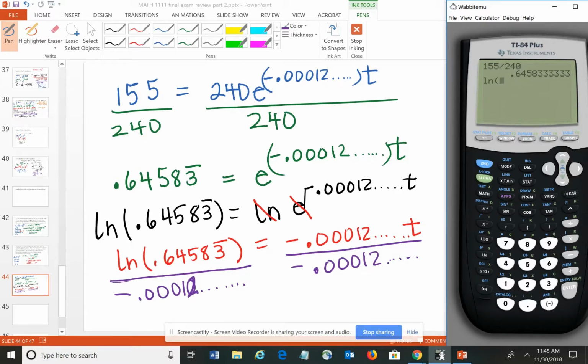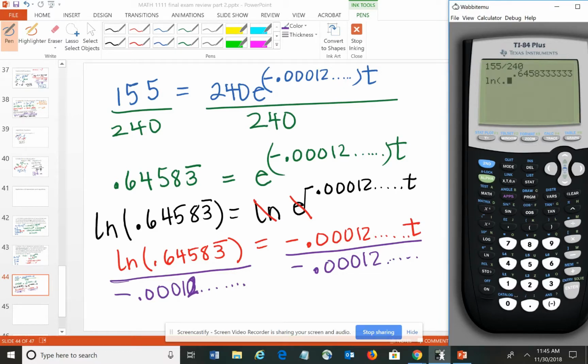That was the natural log of 1/2 divided by 5,730. And I'm going to store it. You can store it if you press store and then alpha A. So I've stored that number in my calculator so I can use it.